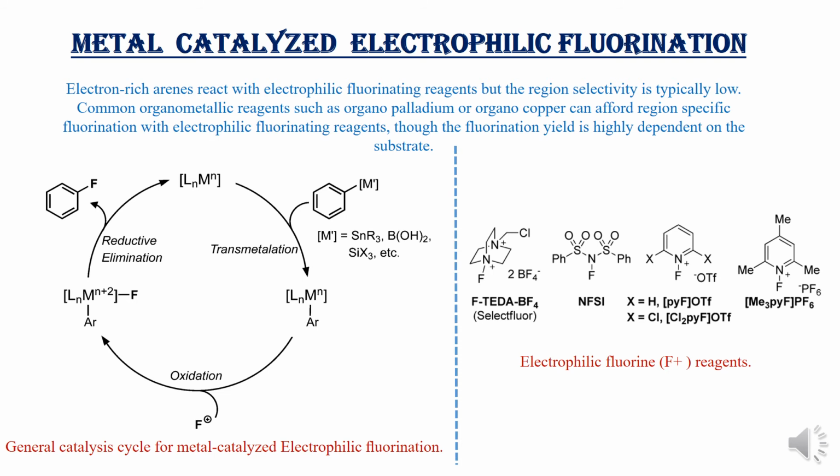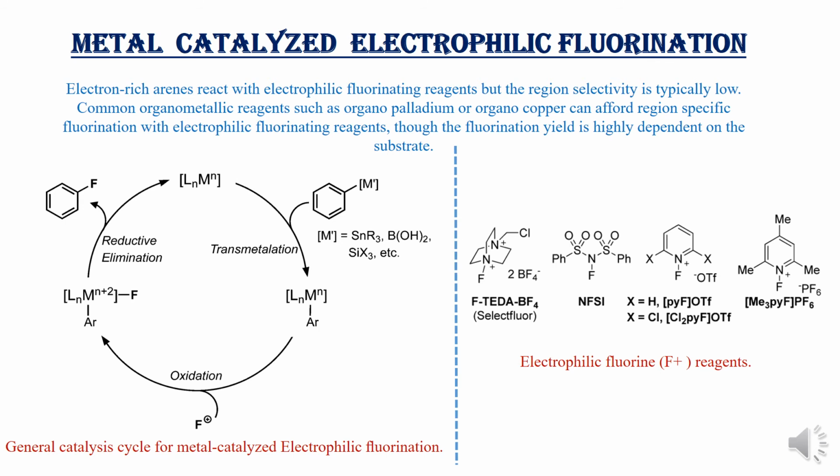Here is the general catalytic cycle for the metal catalyzed electrophilic fluorination. But as we saw in the nucleophilic aryl fluorination, the catalytic cycle is a little bit different. Here the transmetallation takes place prior to the oxidative addition, and then after oxidative addition, it goes towards reductive elimination, and we get our desired aryl fluoride complex.